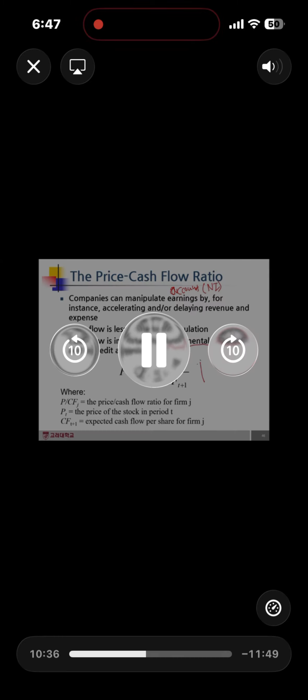So the price to cash flow ratio is the stock price divided by some cash flow measure. So the higher the ratio, the higher the likelihood of overvaluation. But similarly, you have to look for why, the reason for a higher ratio or lower ratio.